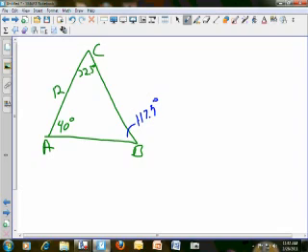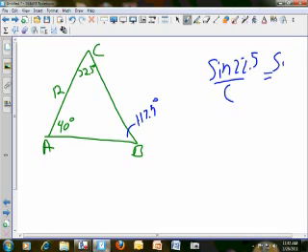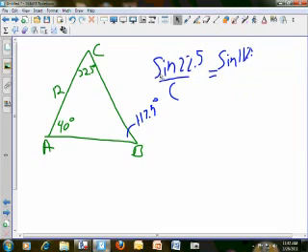You take the sine of 22.5 over C and set it equal to the sine of 117.5 over 12. Then we cross multiply, and then that step down.